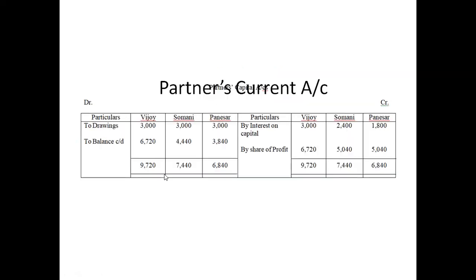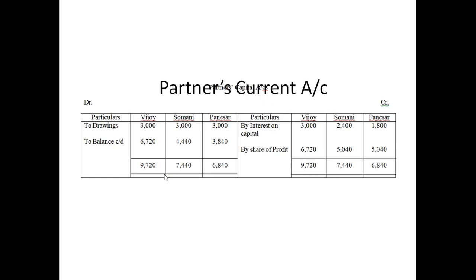Remember that in the second line of the question it is mentioned, their respective fixed capitals. So this is the hint to you that you have to follow the fixed capital method.